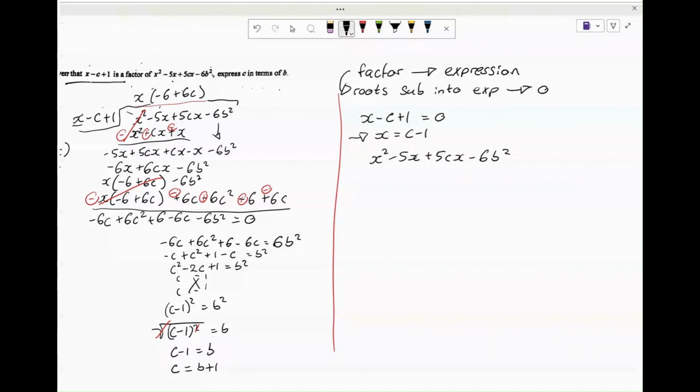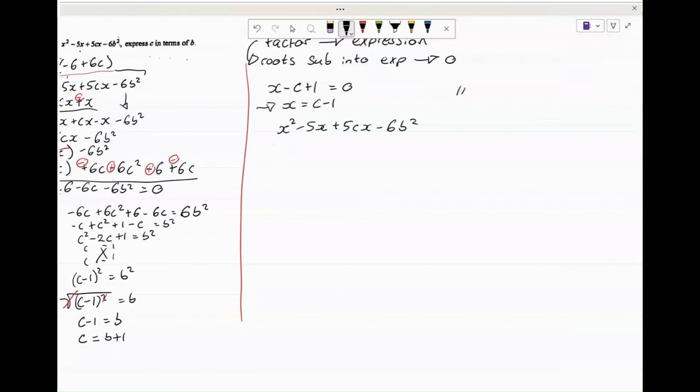So that's what we're going to do. We're going to sub in x. So wherever we see x, we'll just sub in c minus 1. So x squared is actually c minus 1 squared minus 5 times c minus 1 plus 5c times c minus 1 minus 6b squared. And because we subbed in a root, we know all that's equal to 0.